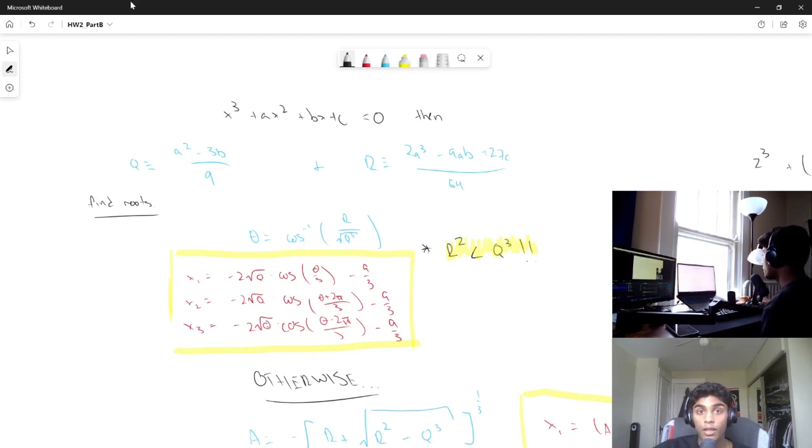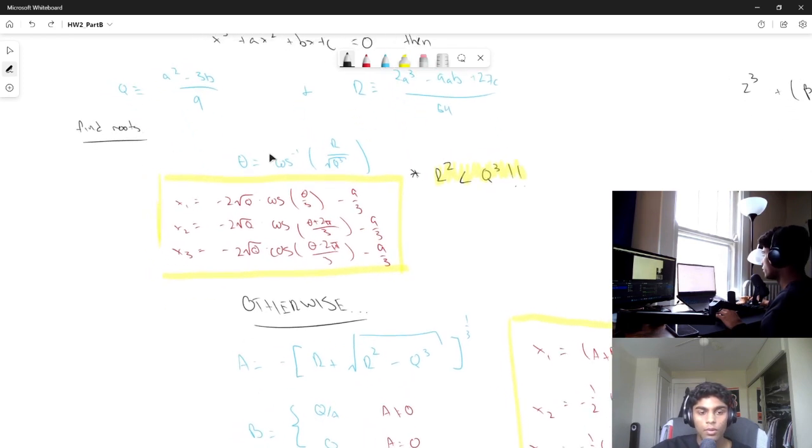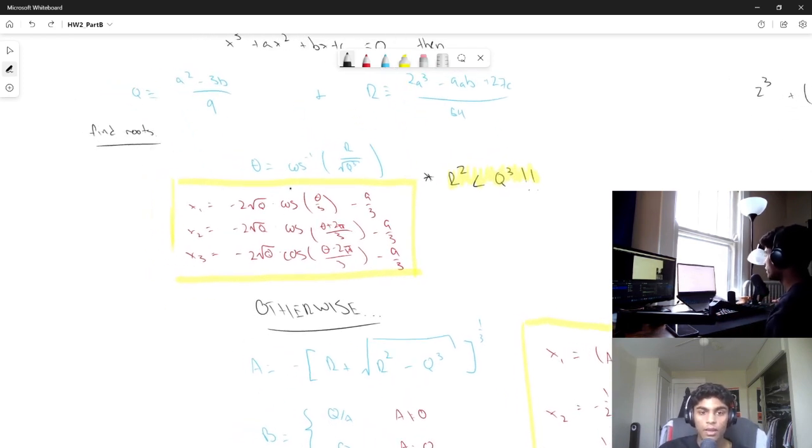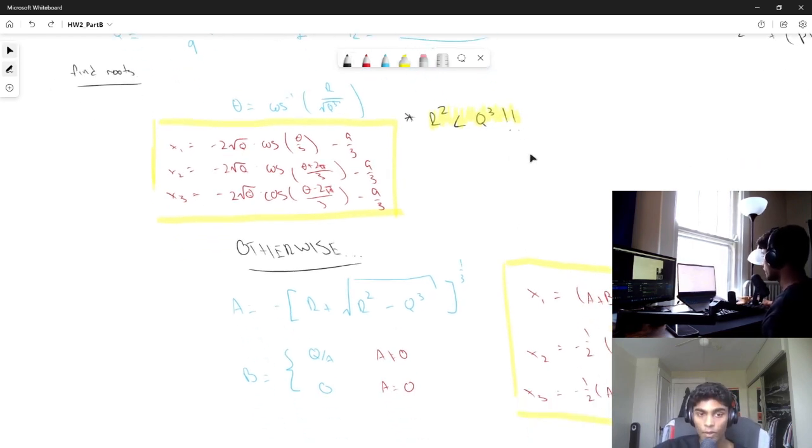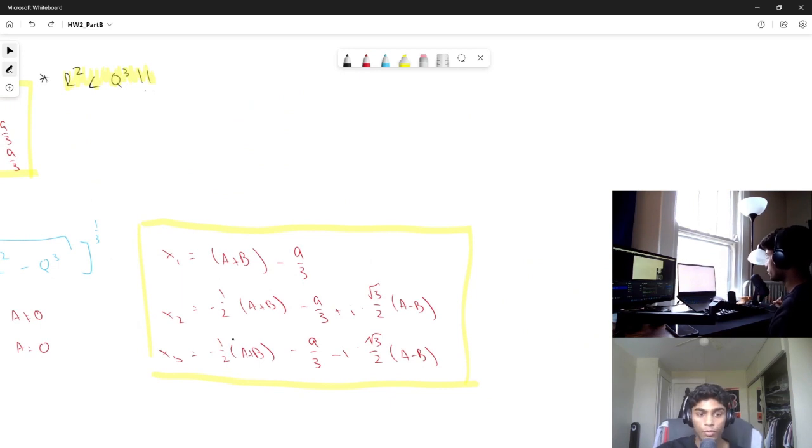Depending on that combination of Q and R, if R squared is less than Q cubed, we calculate a theta and our roots are based off of that theta value. If R squared isn't less than Q cubed, we go another route where we calculate this A, and based on A, we calculate a B value. And based on those two values, we calculate our three roots as such.